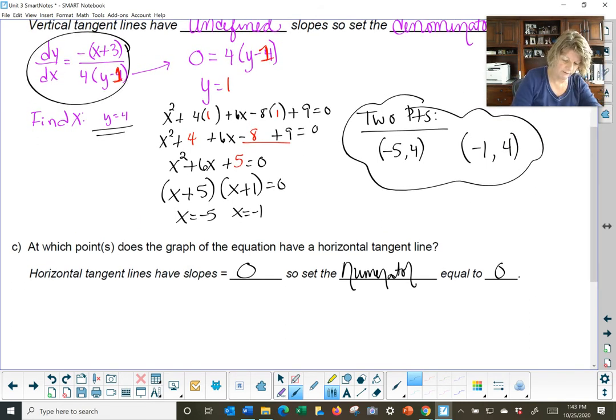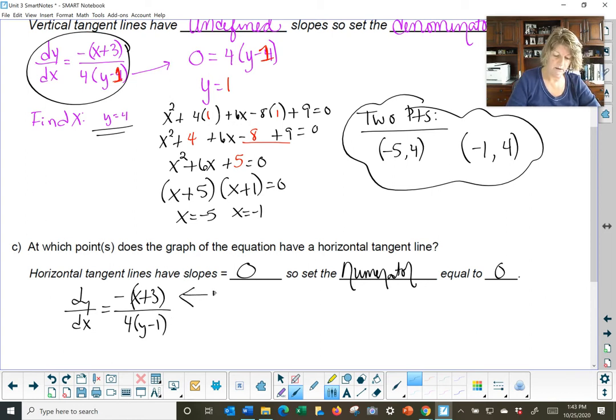There was my derivative, dy/dx. You probably don't have to rewrite it because it's on your page. If not, write it down. 4 times y minus 1. And now I'm going to set the numerator equal to 0. If I take negative x plus 3 and set it equal to 0, I get x equals negative 3. Beautiful.